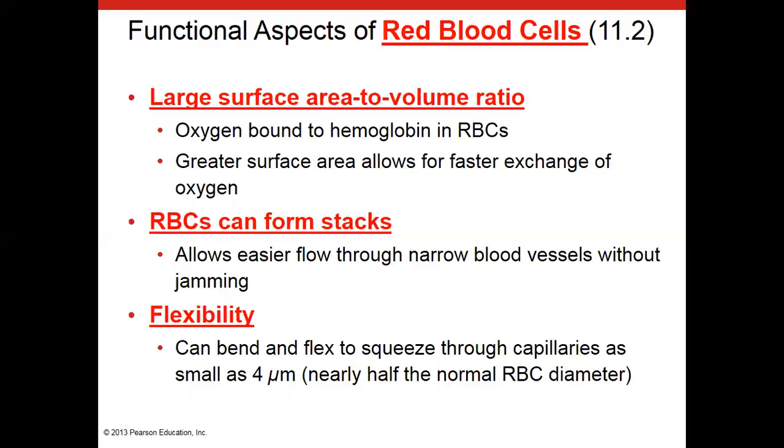Oxygen is bound to hemoglobin inside red blood cells, which is the major transport molecule for oxygen. Red blood cells can form stacks, lining up in a row, so that through narrow blood vessels they can run single file without jamming. And they're a little bit flexible, so they can squeeze through really small capillaries.